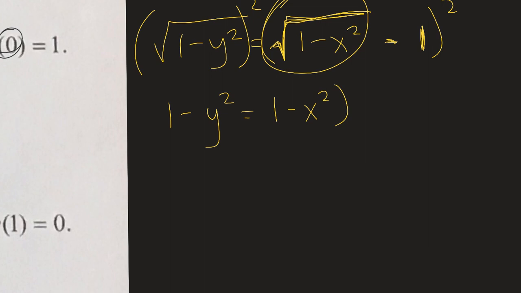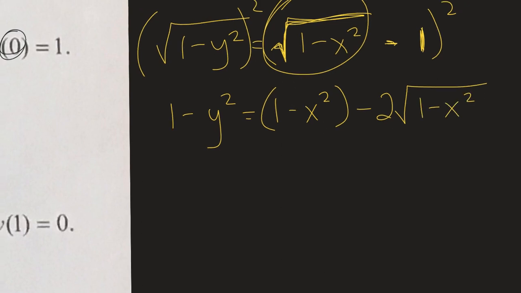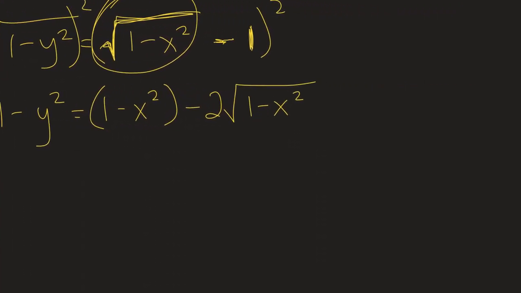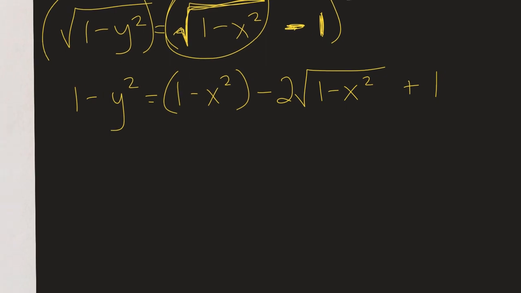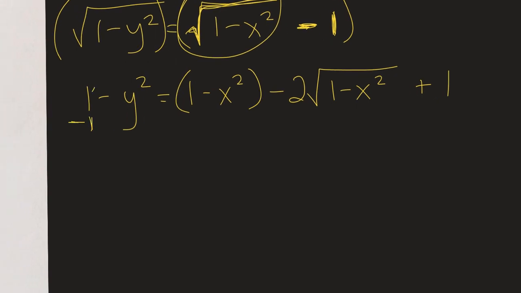When I multiply a root times a root, I get nothing. So 1 minus x squared, minus 2 of these, 2 of them, 1 minus x squareds. They don't cancel out because they're both negative. And then negative 1 times negative 1 is a plus 1. So now I'm just going to minus 1 from both sides, and that's gone.